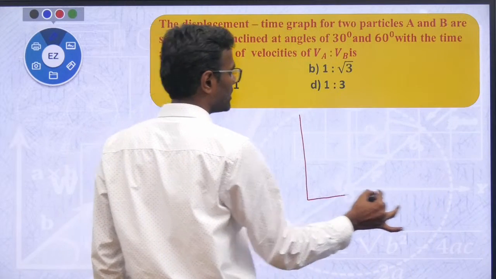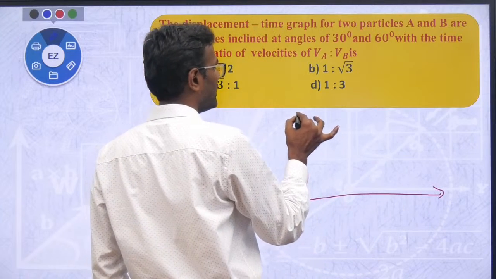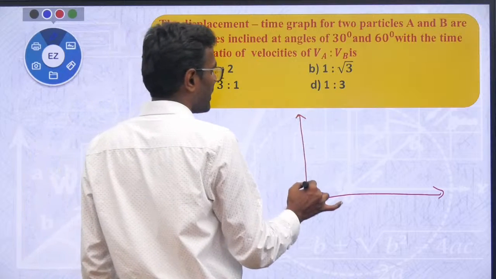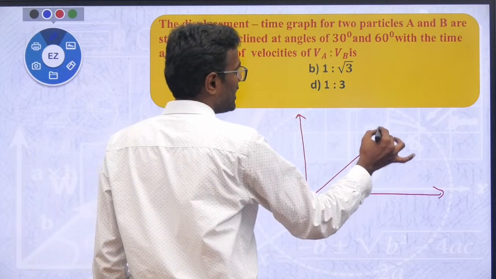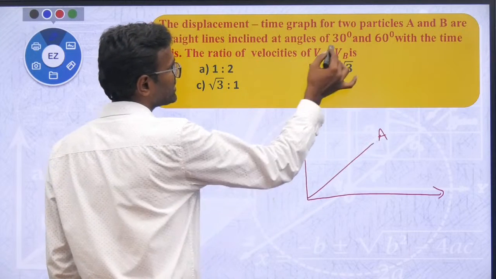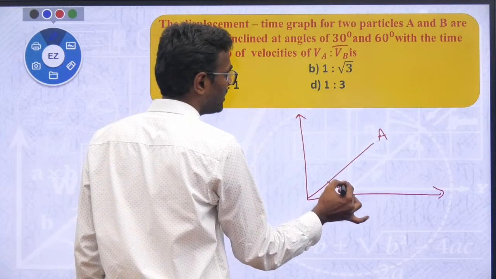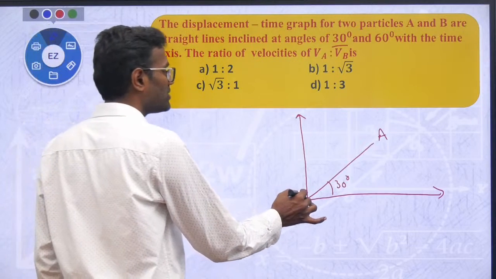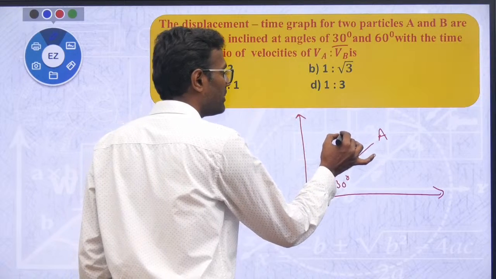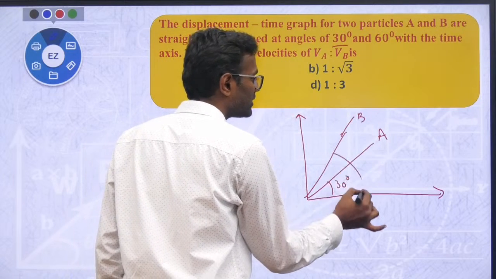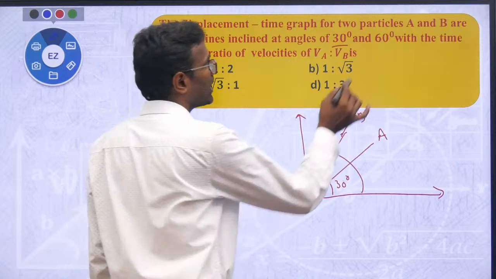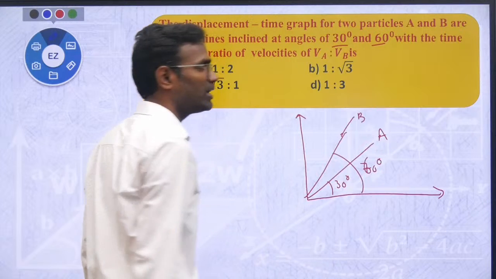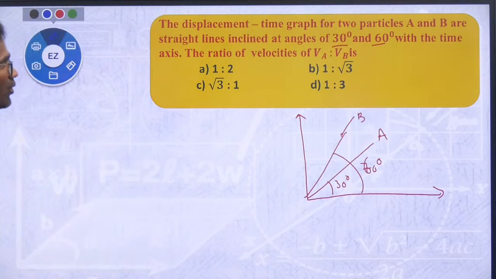Try to understand the question; if you understand the question, 99% of the answer will be there with you. So particle A is making 30 degrees with the time axis. Next, particle B, how much angle? According to the question, 60 degrees. So now what is being asked?